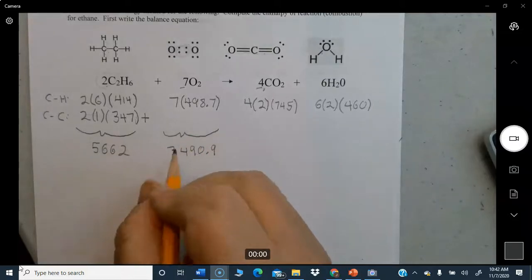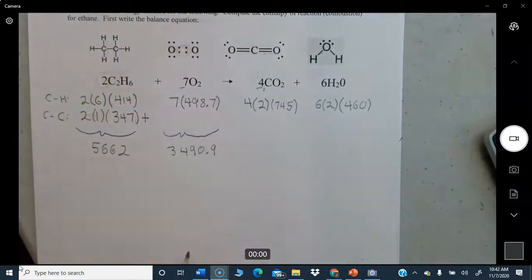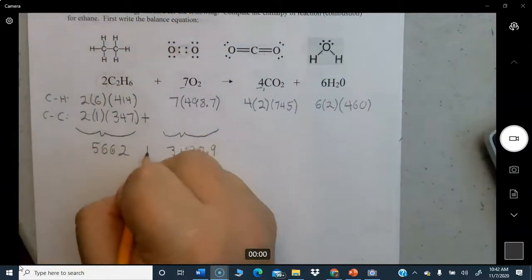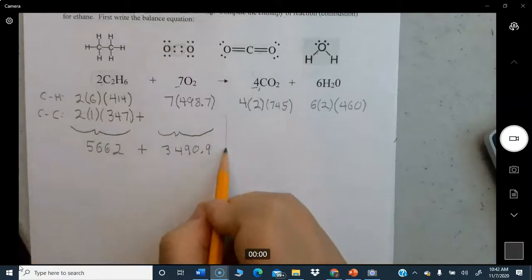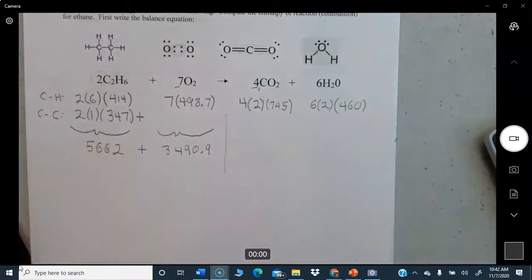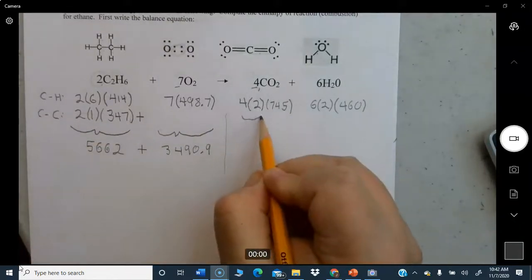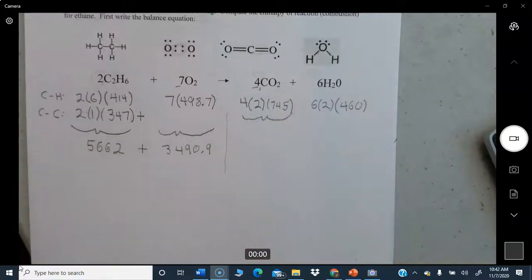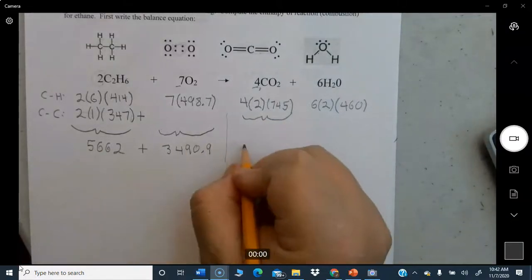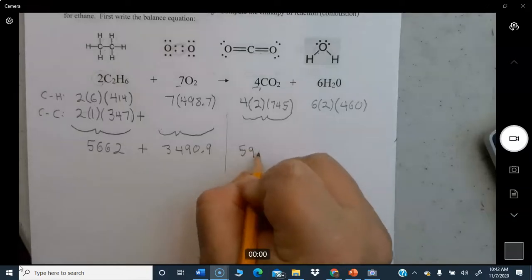Okay, that's kilojoules going in to break all these bonds here. These are both going into, and you're going to add those. Okay, now we're going to draw a little line right here, and we're going to do this one. That's going to give us 5960.